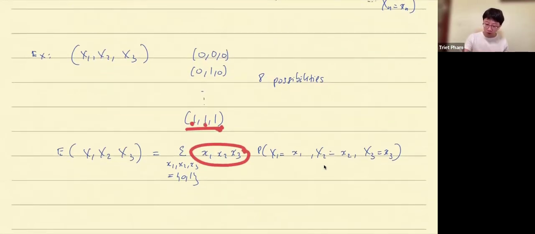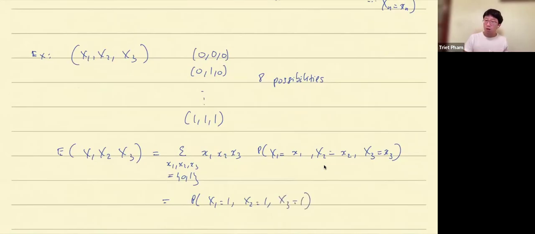So it's just the probability that X1 equals 1, X2 equals 1, X3 equals 1. For this particular example, of course, not all will be like that. But for the example we just talked about earlier today, the sum will boil down to just one single number.